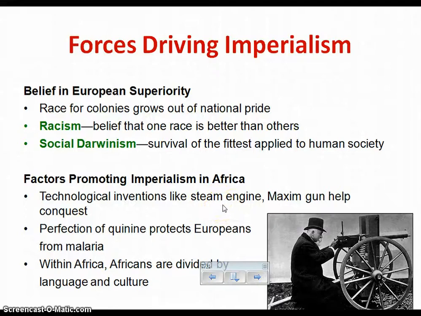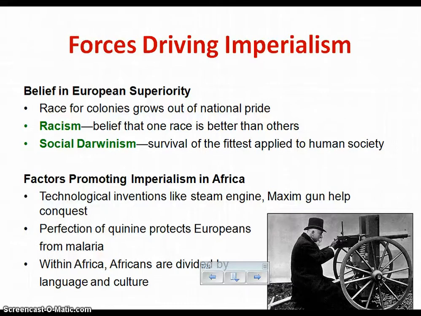The steam engine was able to help people navigate the rivers in Africa that were quite difficult to navigate. The second thing is that we have the more development of guns. Okay, so Europeans, they have better weapons. One negative effect of Europeans colonizing is that they were still susceptible to disease.